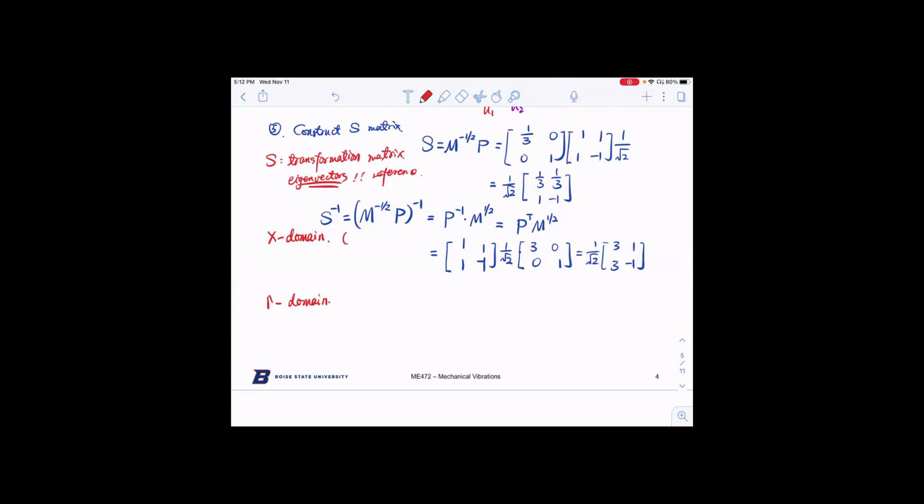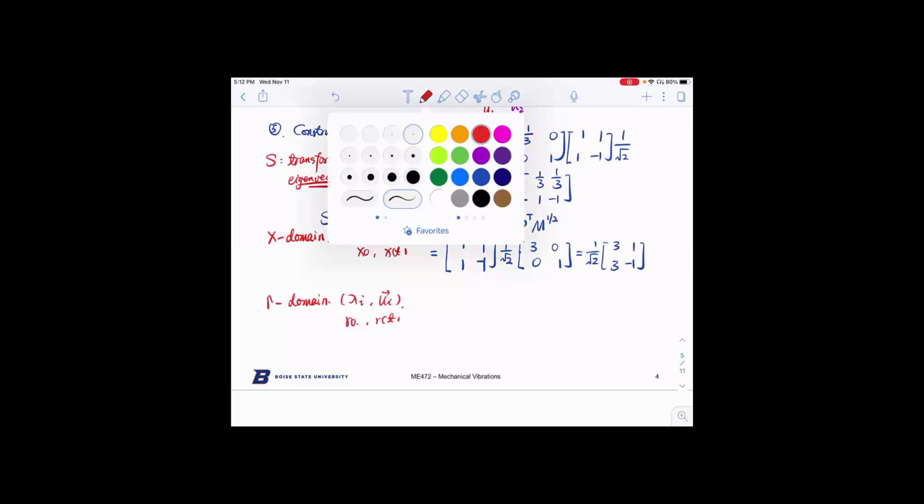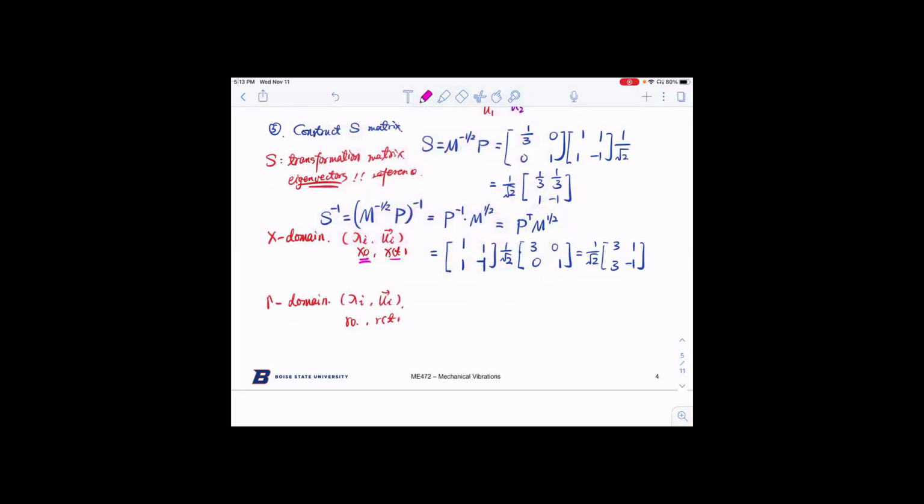So you have lambda here, you have U here, then you have the same eigenvalues and eigenvectors. But for all the other stuff, like initial conditions and solution vibration, these are different in the two domains.